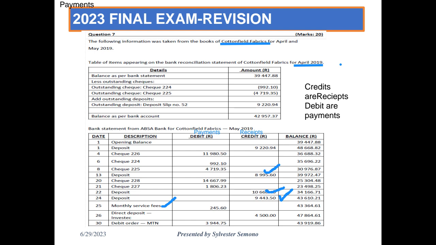Let's look for them. Is there any 26 here? Yes. I'm gonna tick this one. 27? Yes. 28? Yes. I think you all understand what I did.